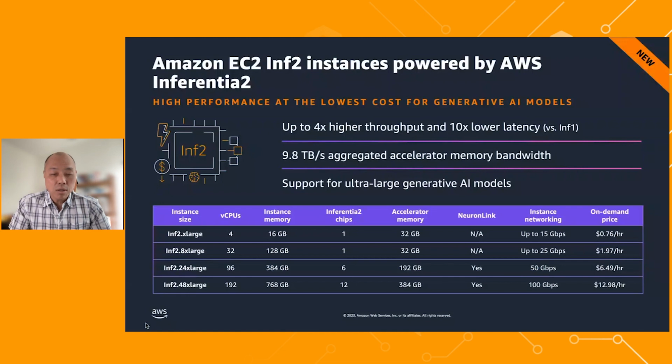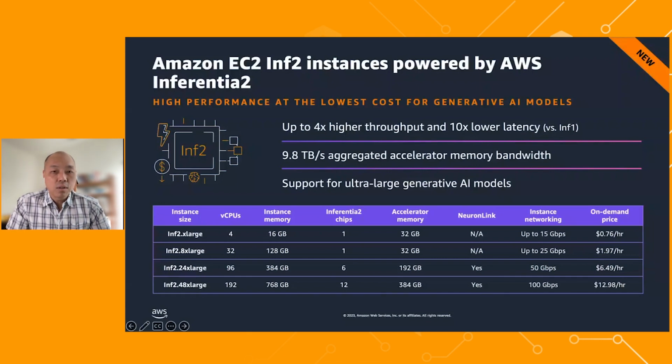And ever since then, we see the need to evolve our custom silicon design in terms of the kind of models that we can serve the customer, because as we know, the models are getting larger and larger, and the internal structures are getting more and more complicated. So with that in mind, we custom designed and built Inf2 instances, as well as the chip behind it that's powering it, known as Inferentia 2.